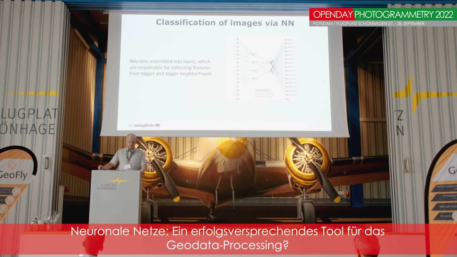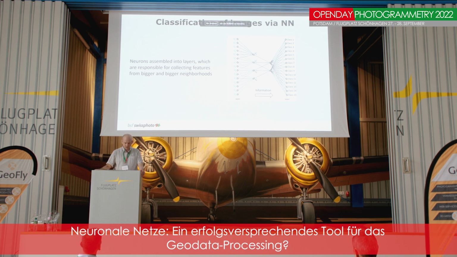When we assemble neurons into layers, we get a construction which is able to detect features from bigger and bigger neighborhoods. For example, this pixel knows what happens in this area, but this pixel already considers more than a half of the picture.